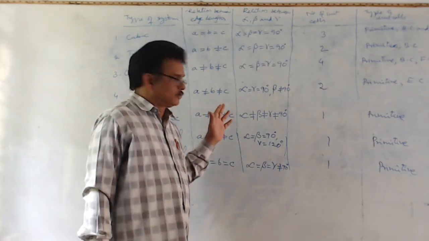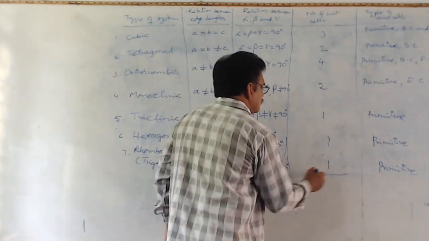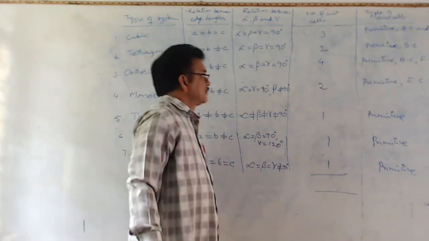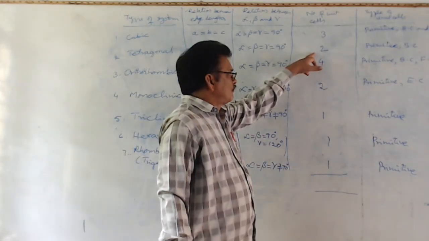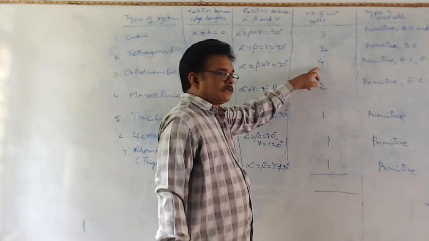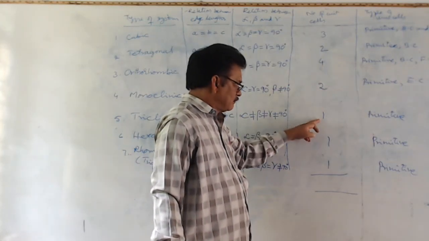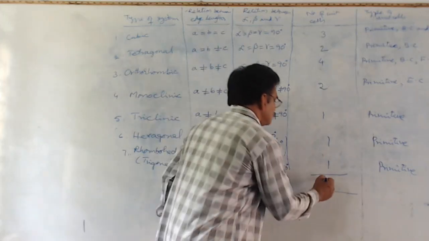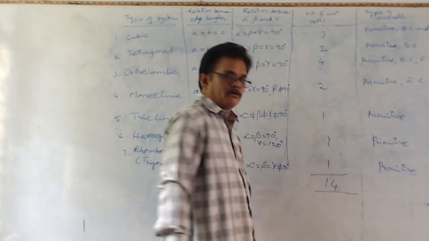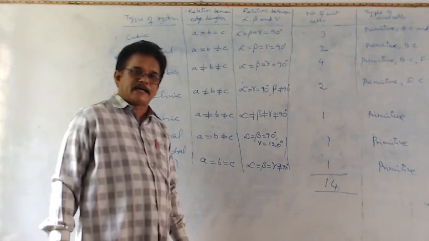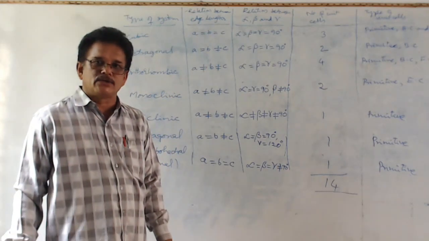Okay. So if we total these unit cells, 3 plus 2, 5, 5 plus 4, 9, plus 2, 11, 12, 13, 14. So there are how many types of unit cells? 14 types, which are called Bravais unit cells.